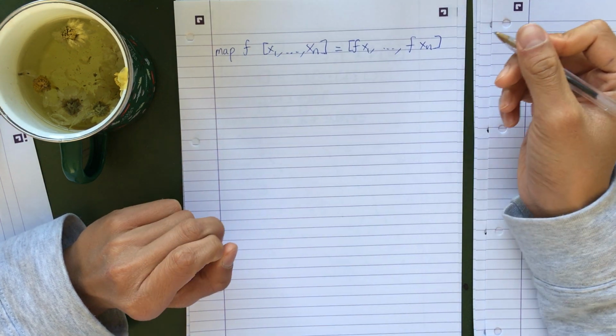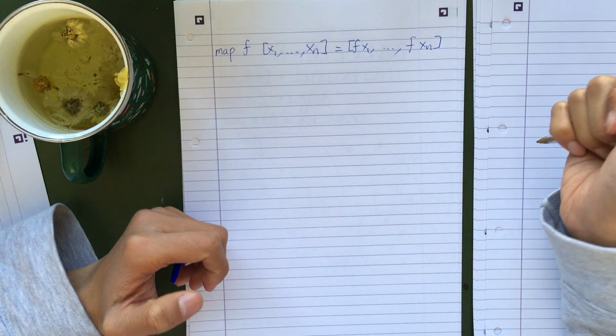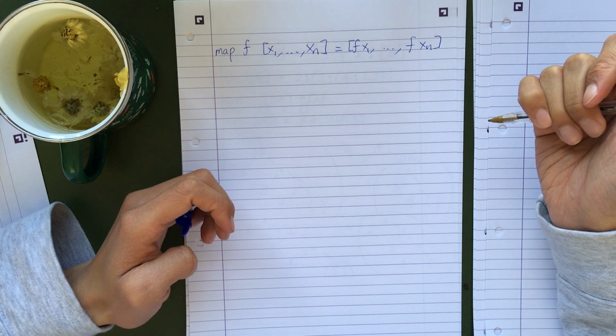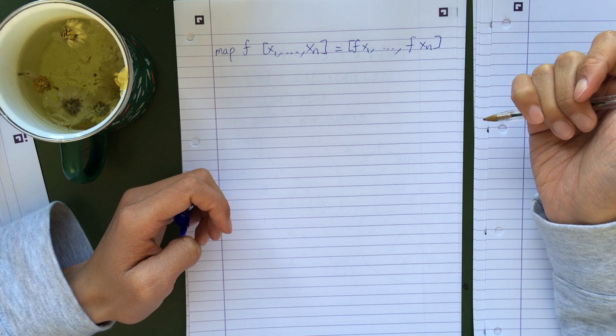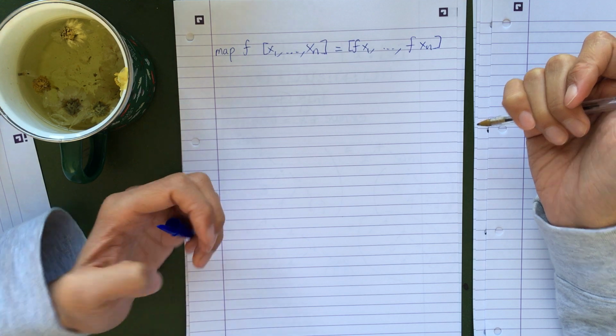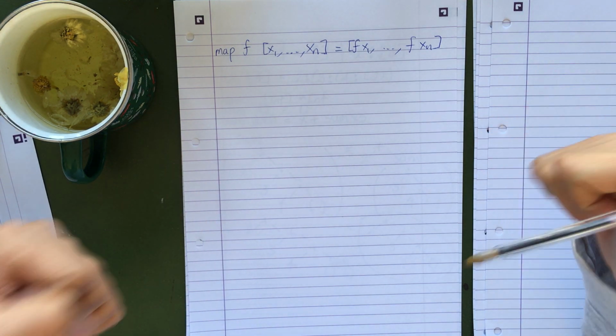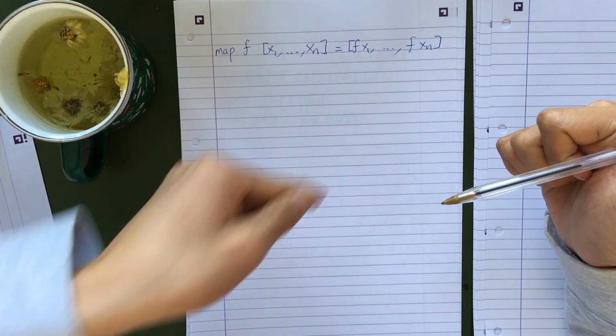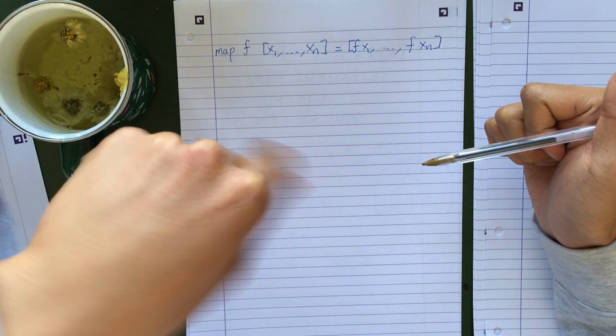So this is really useful. It's what you would usually do with a while or for loop in a normal programming language. And the idea is you go through each thing in the list, and then you do something to each element.